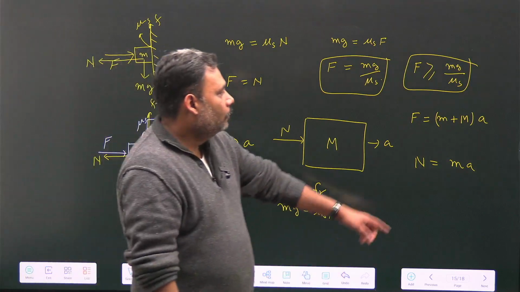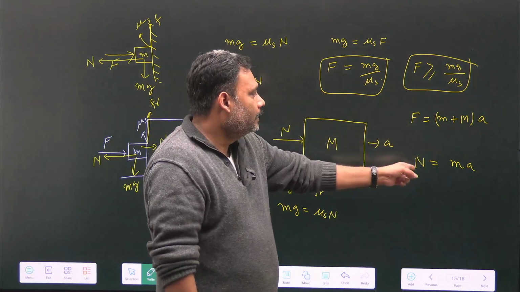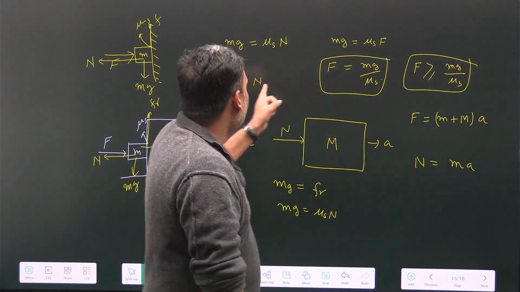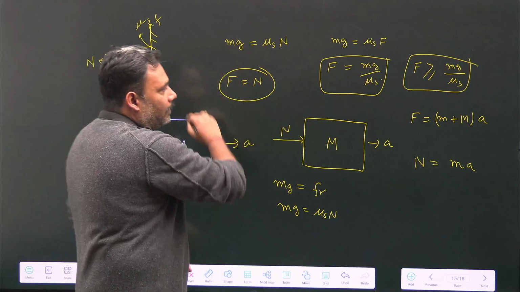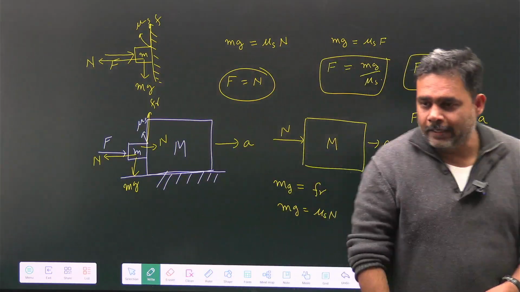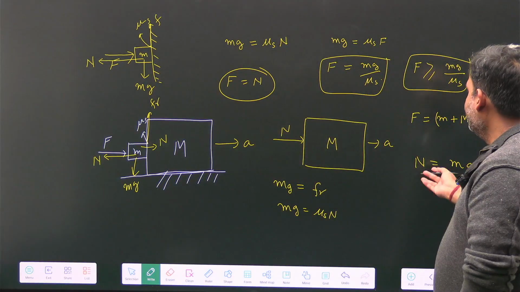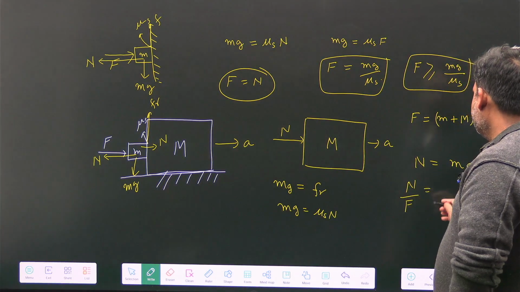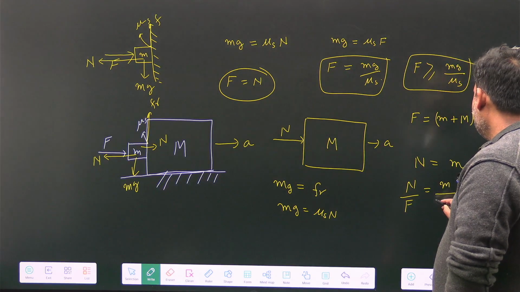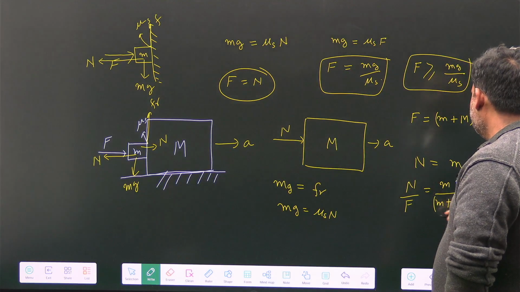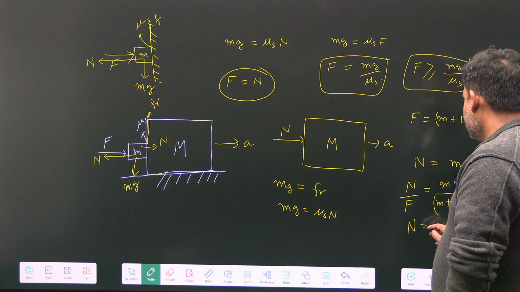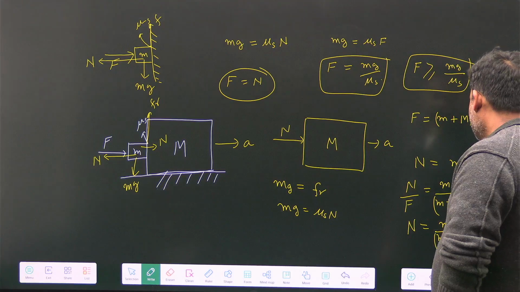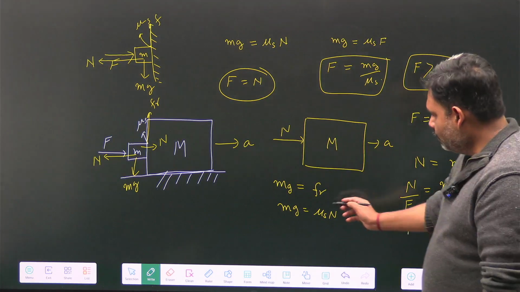And we will divide these, and we can write the normal force in terms of F, just like we did before. So N by F is equal to M by (m plus M). So your normal force is equal to M upon (m plus M) into F. And now you can put it here.